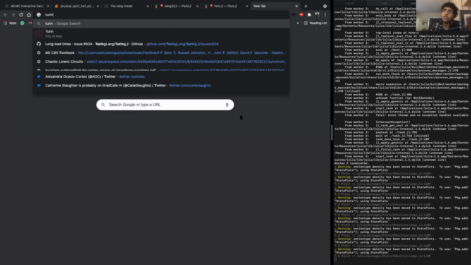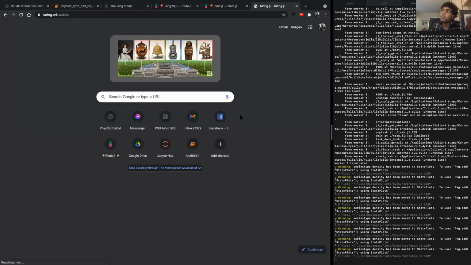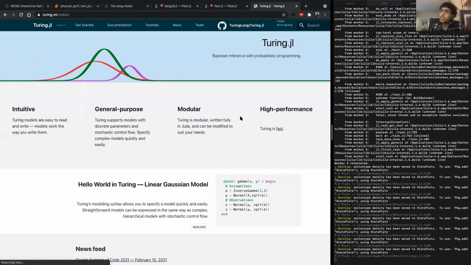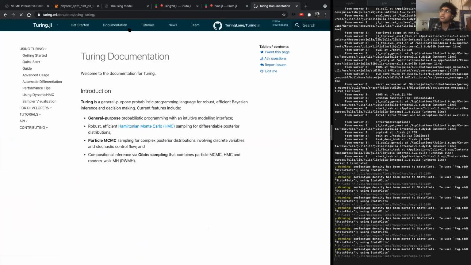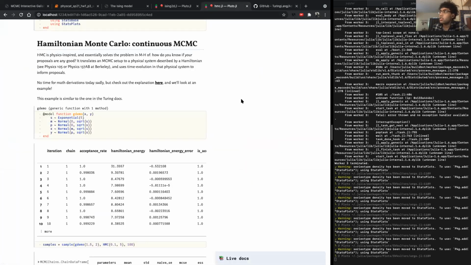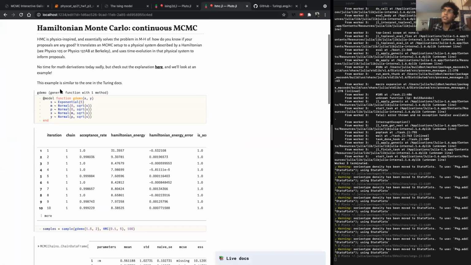It's turing.ml, I believe. So you can read more about this here. The documentation is quite good, and it's one of the more well-supported and well-known Julia packages, as far as I know. So that's definitely worth checking out. And one of the things they pride themselves on is robust, efficient Hamiltonian Monte Carlo sampling. So let's see what that's about.